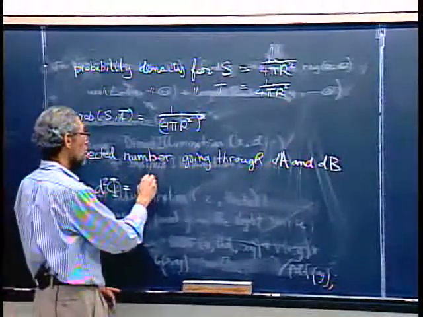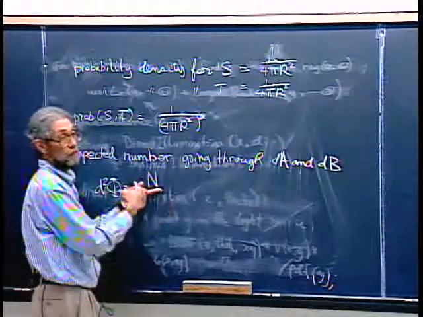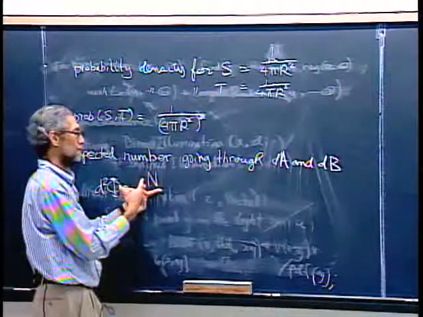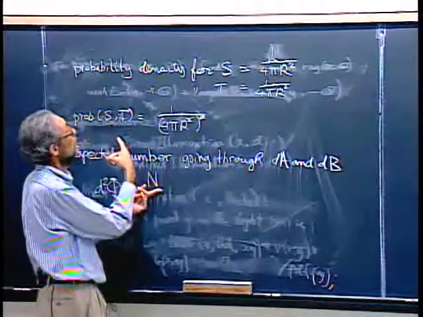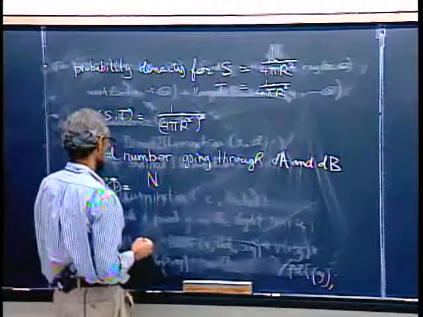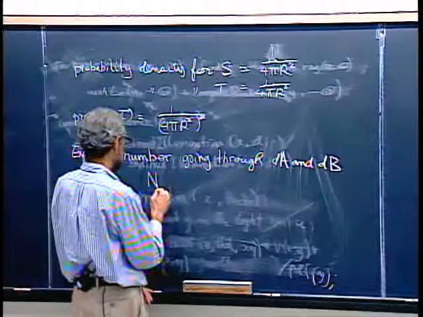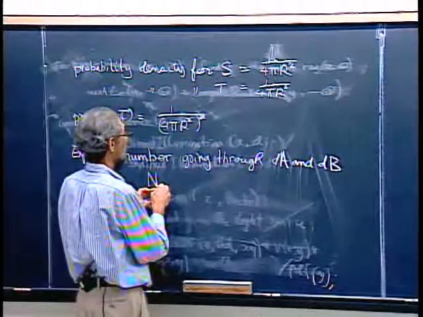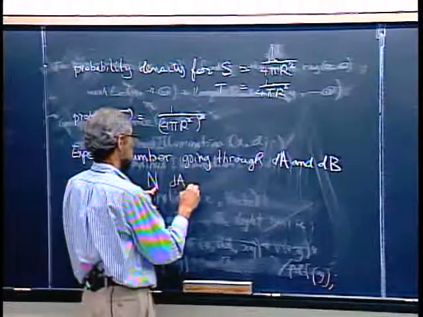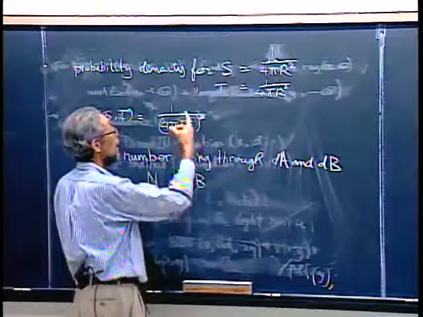That's the total number of lines I picked, times, I guess it's going to be dA times dB, because this is per unit area that I'm generating them.